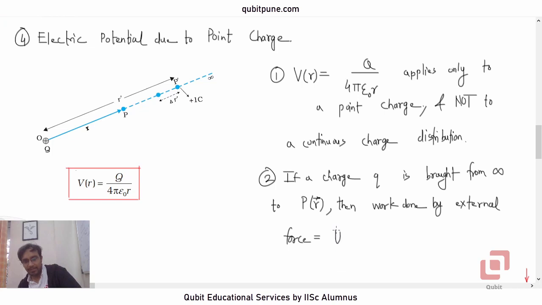What will it be? It will be q into V(R), where V(R) refers to this formula.